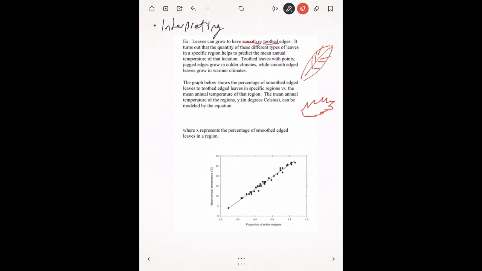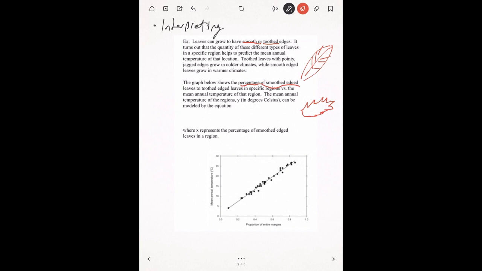Imagine you are an environmental scientist and you go out into an area, maybe 1 square mile, and you survey all of the trees in that area with a team of people. You could figure out what percentage of the total trees have smoothed edge leaves.